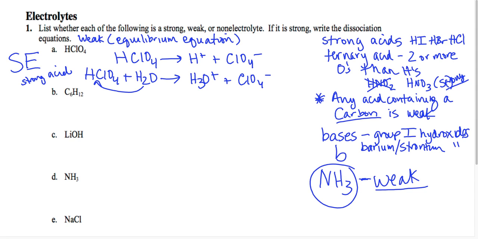All right, the next one, C6H12. What is it? Strong, weak, or non? Weak. It's a non. Why did we say weak? This is a covalent compound. Is that an acid?